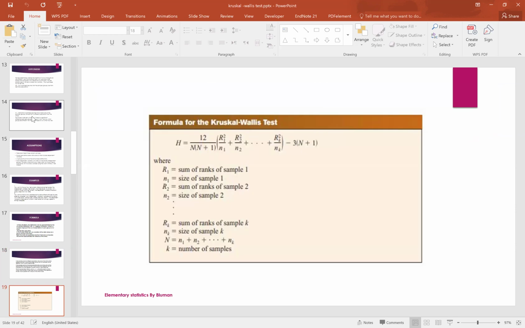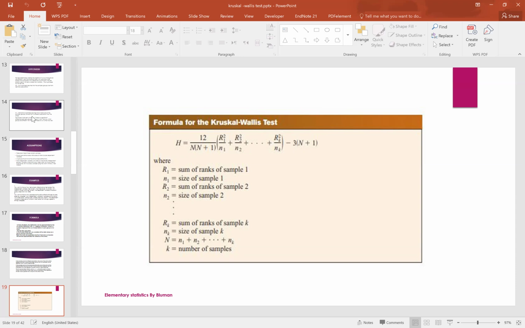The formula for the Kruskal-Wallis test is H equals 12 over N times N plus 1, times R1 squared over N1 plus R2 squared over N2, and so on, and Rk squared over Nk, minus 3 times N plus 1.